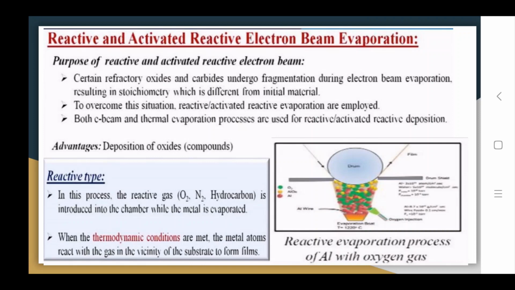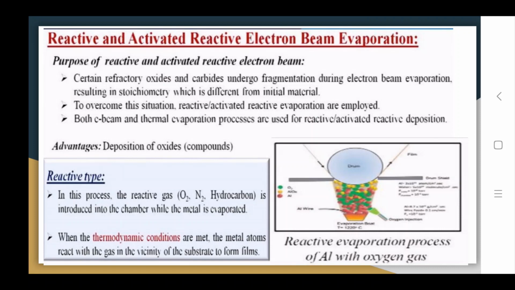While the source material is going into the vapor form, it can change its characteristics. So whatever material we want as a coating material, that property can change. So we use the combination of both thermal evaporation and e-beam evaporation together in this reactive and activated reactive electron beam evaporation technique.